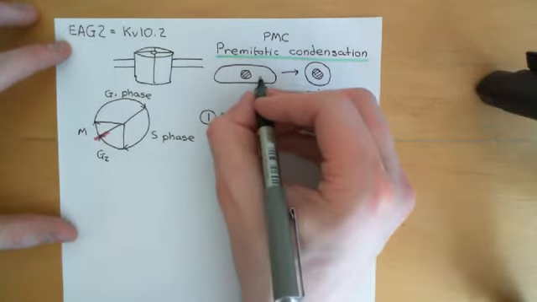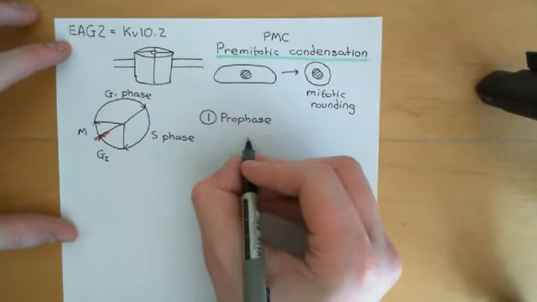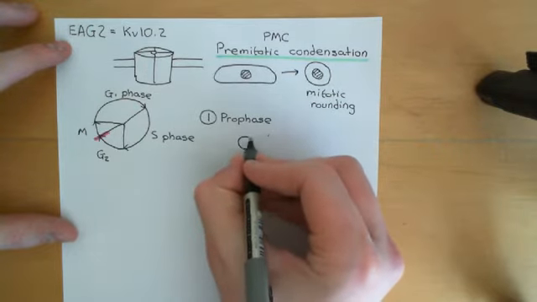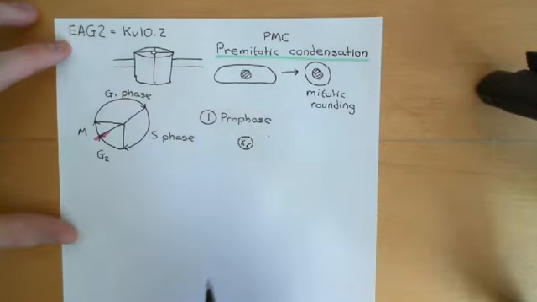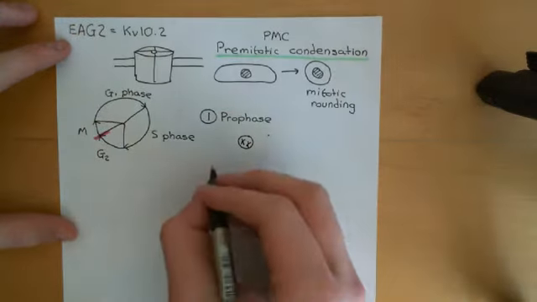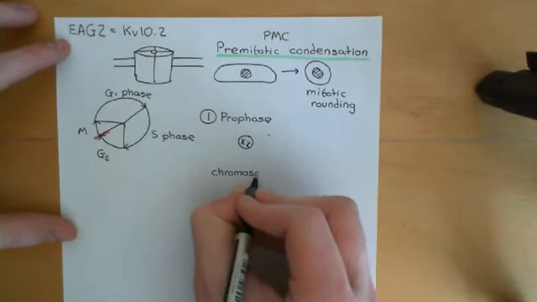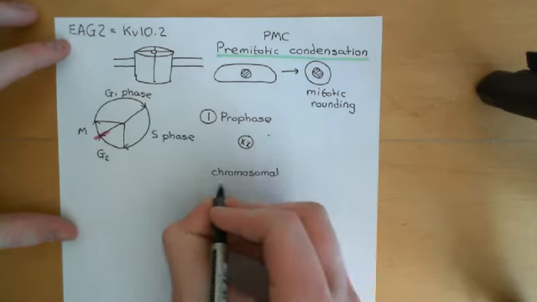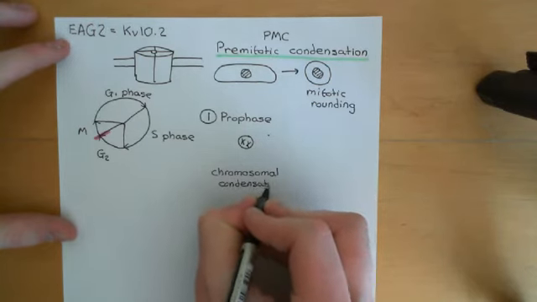Let's say we're going from this original cell here. The chromosomes are going to become visible, so I might start by drawing the nucleus here. What's going to happen is the sister chromatids attached to one another are going to become visible. That's a phenomenon known as chromosomal condensation, when the chromosomes condense down. So this is chromosomal condensation.